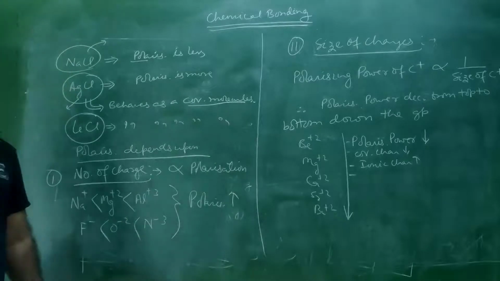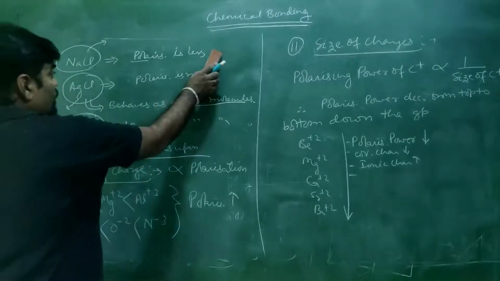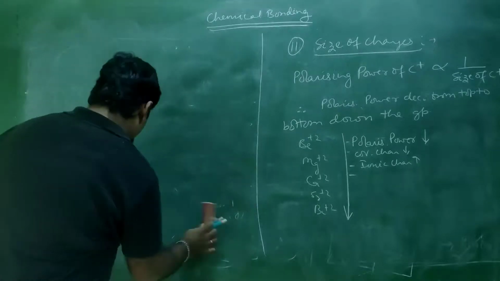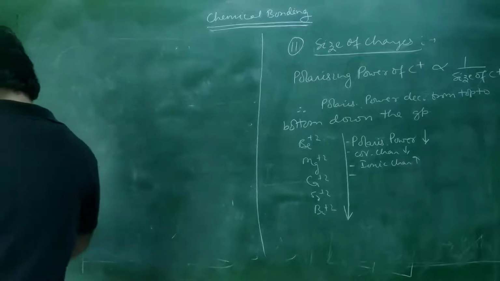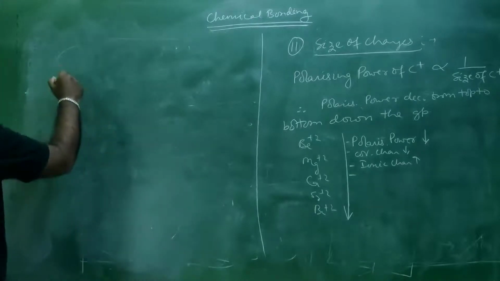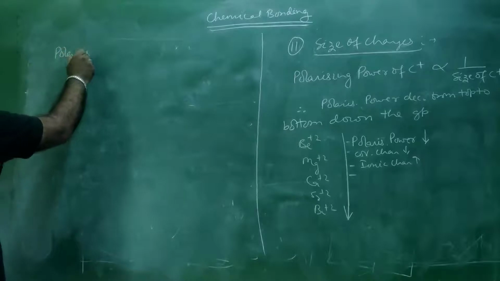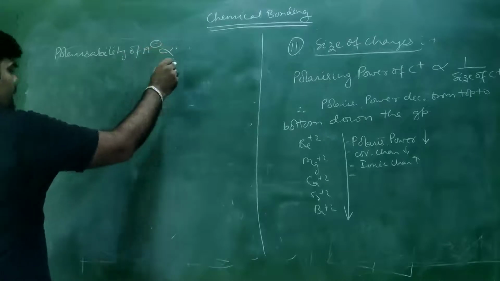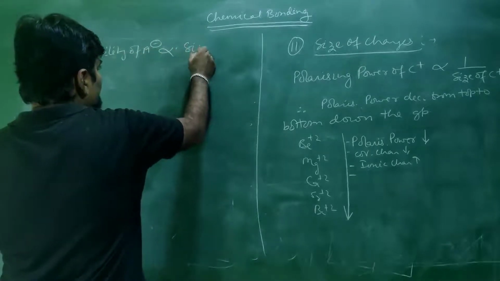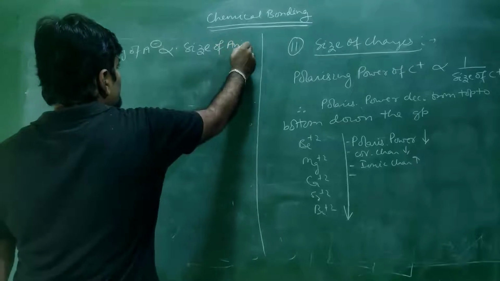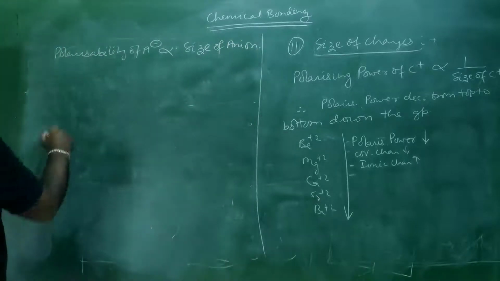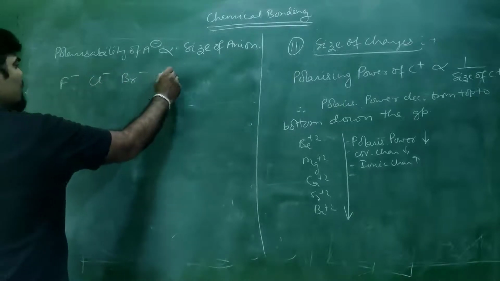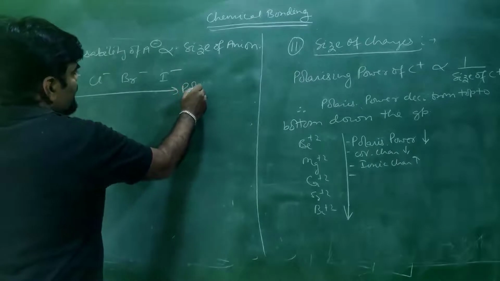So this is another point, size of charges, that is the polarizing power of cation. If you see the polarizability of an ion, it increases with increase in size of an ion, like F-, Cl-, Br-, I-.